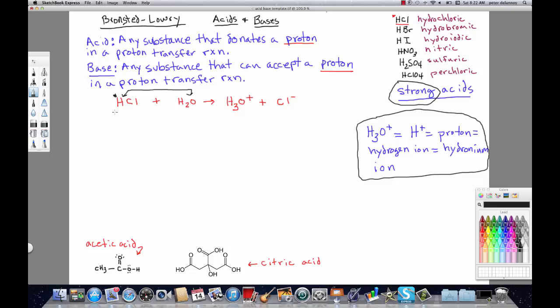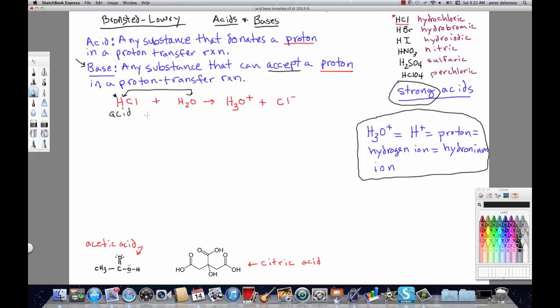Now, definitions. This is the acid. We just defined it that way. And in the context of the water, look at the definition of the base. All right, a base is any substance that can accept a proton in a proton transfer reaction.